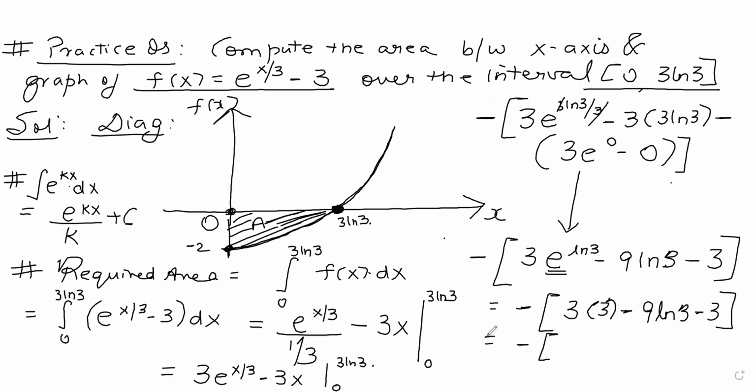This comes out as minus of 3 3s are 9, 9 minus 9 ln 3 minus 3, which comes out as 9 minus 3 is 6, so 6 minus 9 ln 3, or I can write as 9 ln 3 minus 6. If I open up the brackets, the minus sign, I get 9 ln 3 minus 6. This is the required area.